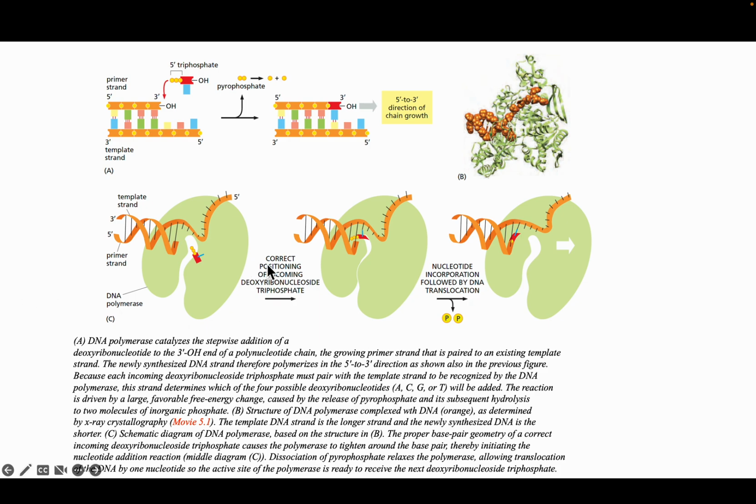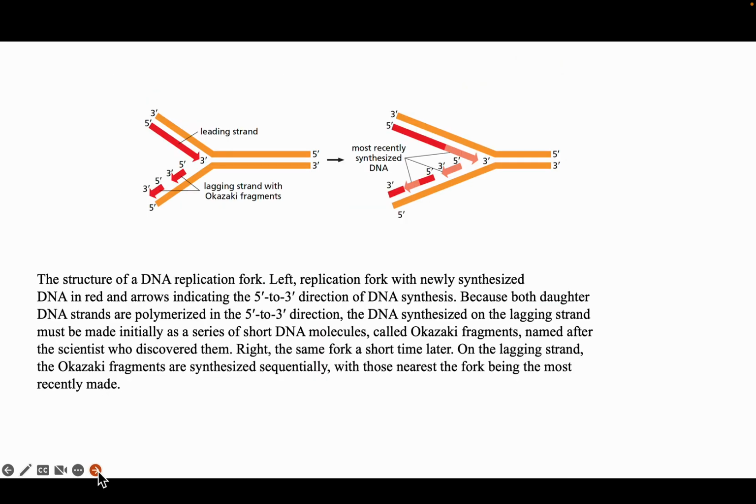This is how it ensures the correct positioning of the incoming deoxyribonucleoside triphosphate. This is the leading strand and these are the lagging strands. It forms 5' to 3'; as some amount of DNA unwinds, it will then replicate the lagging strand.